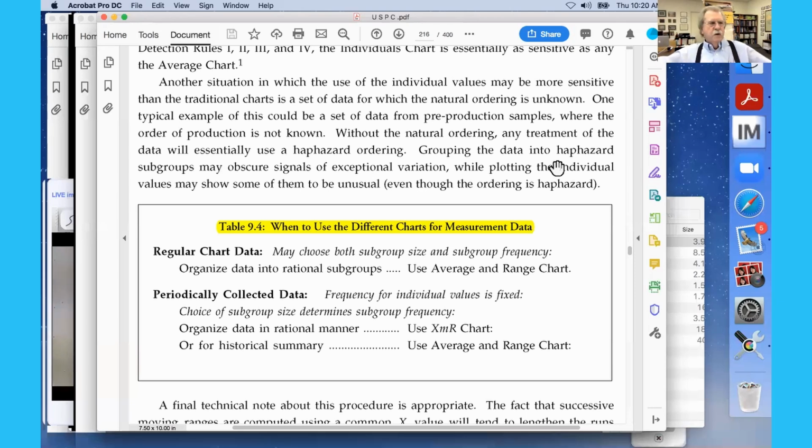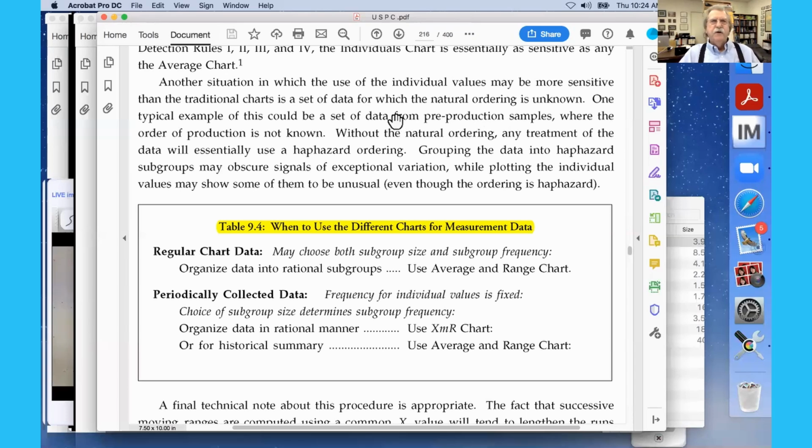Now, sometimes there are so many data that you want to compress the data down, and you can do that by using an average and range chart and get a historical summary, but you're going to lose the sensitivity of the individual value, showing you what's happening at a fine scale. So it's a judgment call here, but usually we want the XMR chart here and the average and range chart up there. So there's a guideline on when to use each chart. Let's now go on to how SPC differs from statistics.